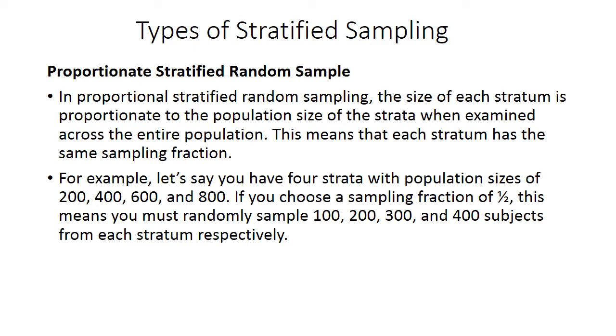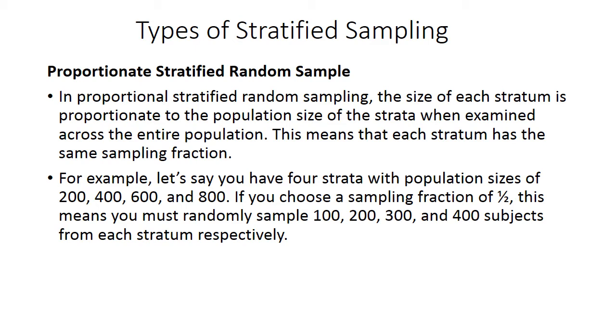Then in that case you will select random samples which will be 100 in case of 200 population size, 200 in case of 400 population size, 300 in case of 600 population size, 400 in case of 800 population size. This is what proportionate stratified random sampling is.